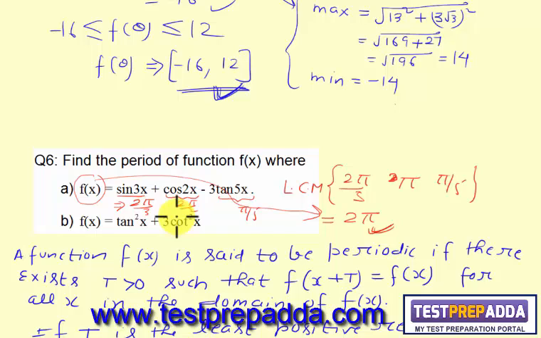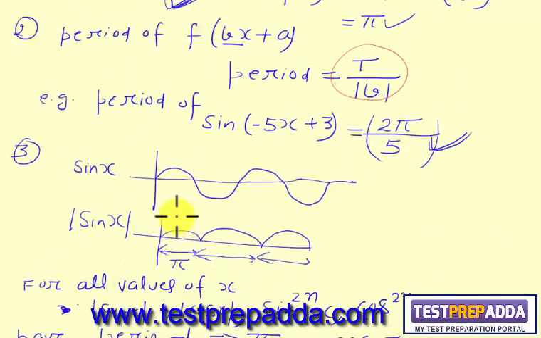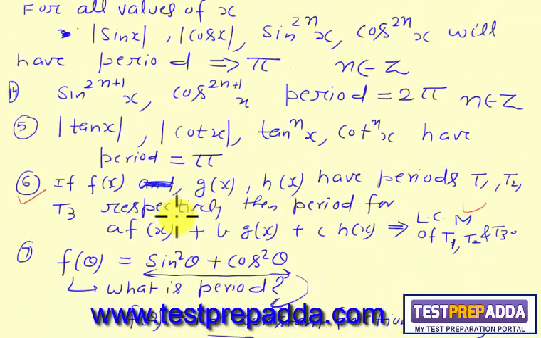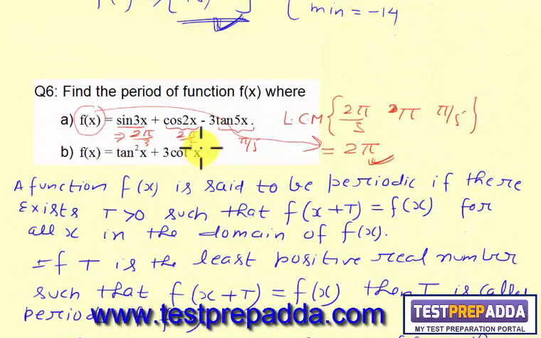Now, for the period of function f(x) is equal to tan square x plus 3 cot square x. As you see here, in one of the points we discussed tan to the power n x, cot to the power n x. The period is pi. So two functions are added here, and both functions have period pi and pi.